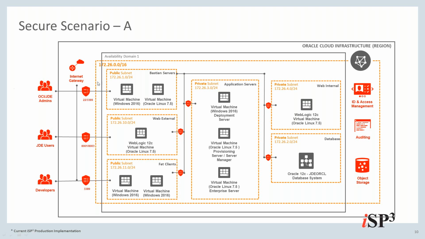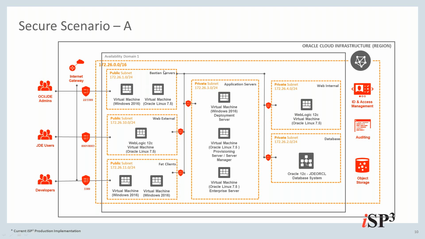As you can see, based on the requirement, those are the only ports available to the outside world. For example, if a JDE admin or an OCI admin needs to access, all they need is port 22 and 3389, which are the SSH port and the RDP port.